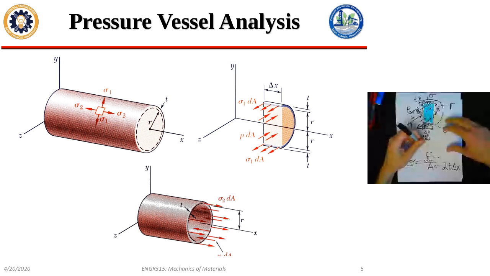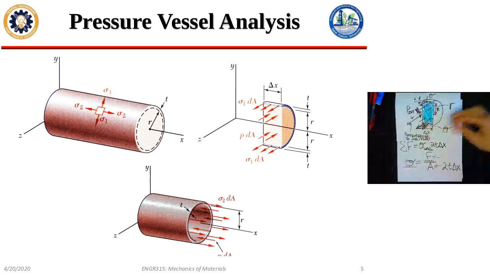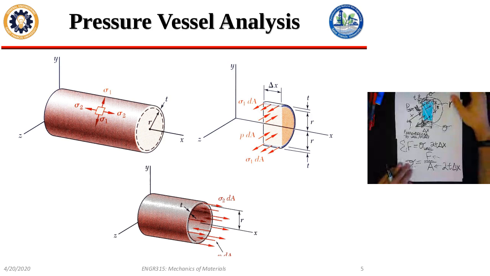So I can say sigma wall times 2t delta x is my one force. But that's not all my forces, right? What are my other forces? Do I have anything balancing this?